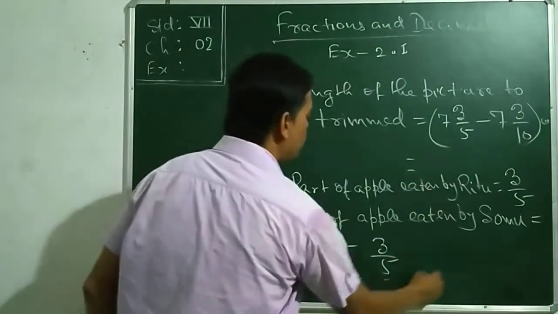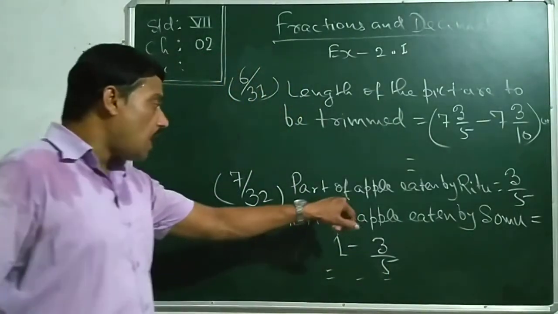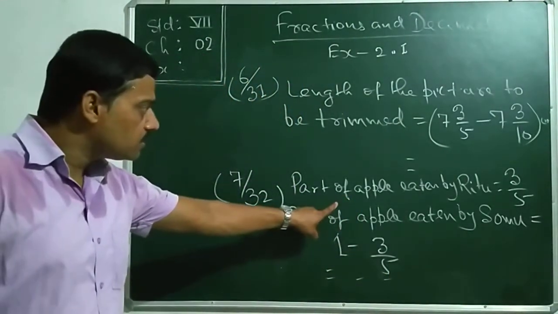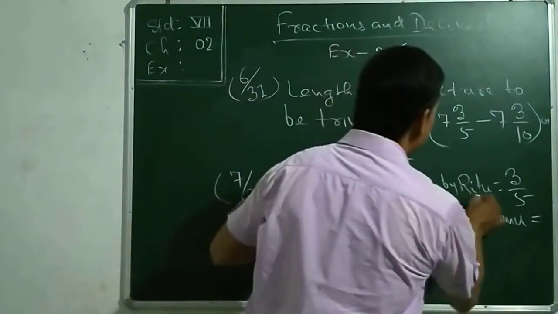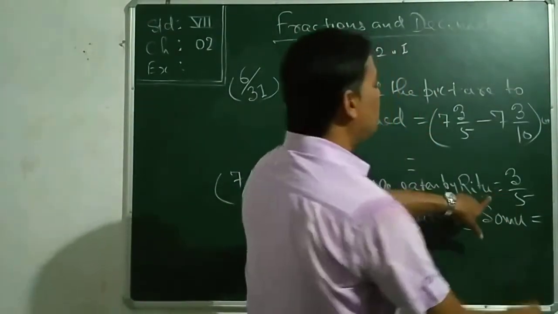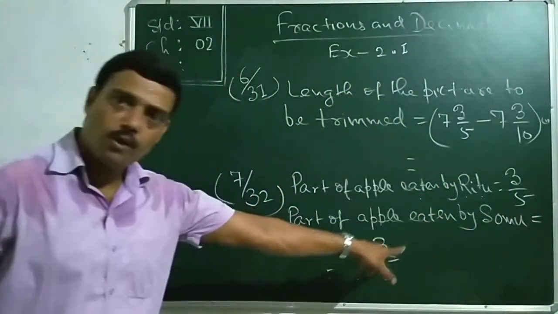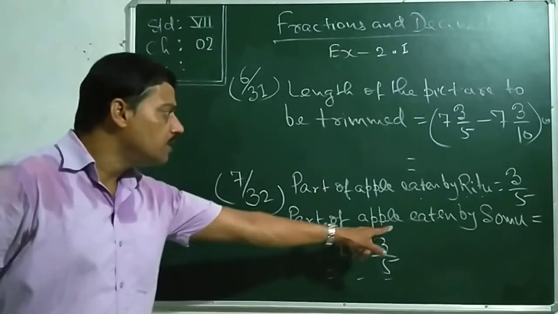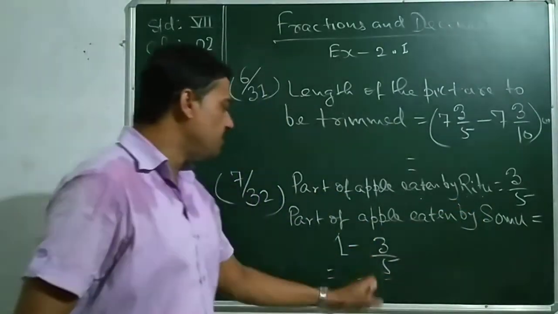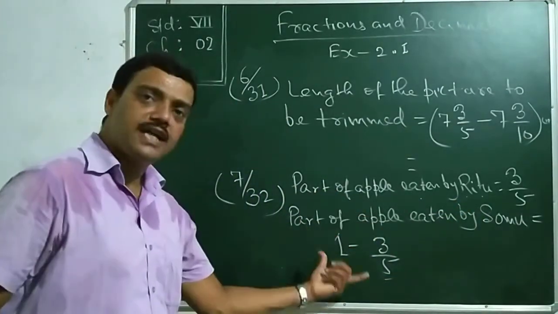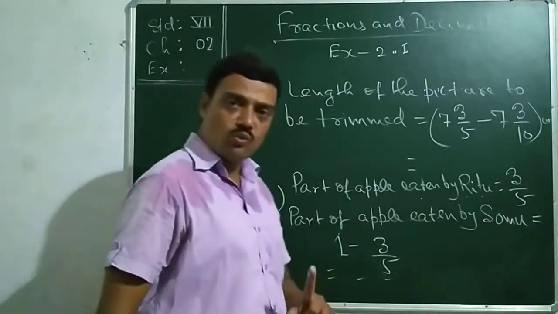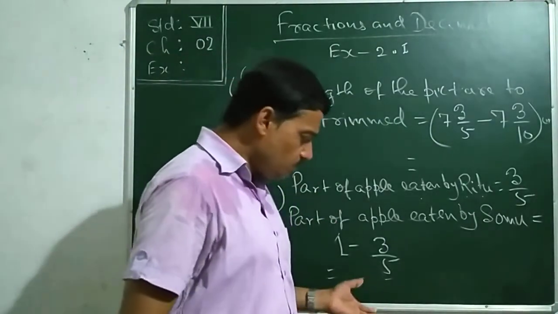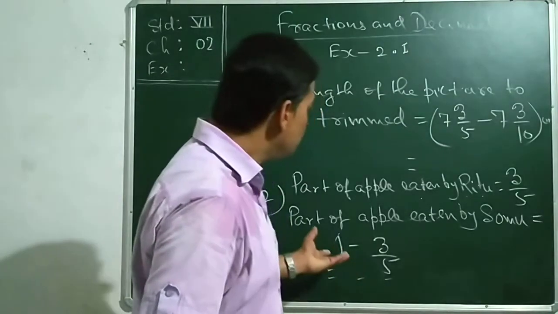You will calculate this. After calculation, the part of apple eaten by Ritu is here and the part of apple eaten by Somu you will get here. Compare them and find out as required in the sum. That would be simple to you.